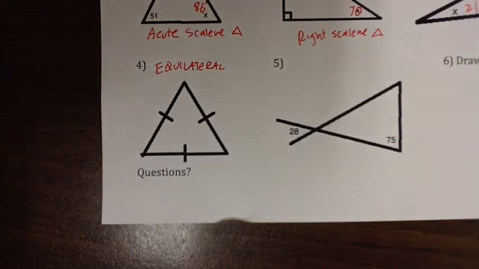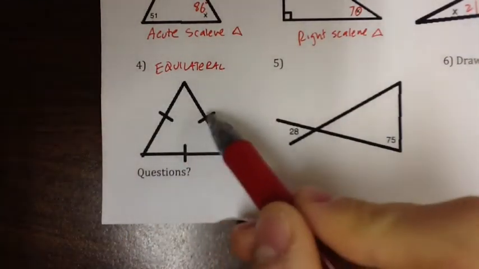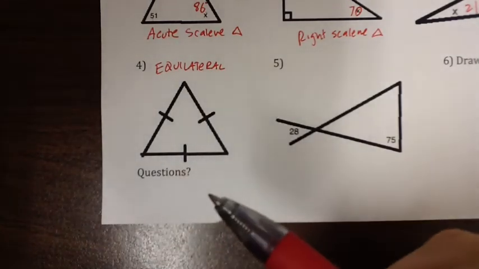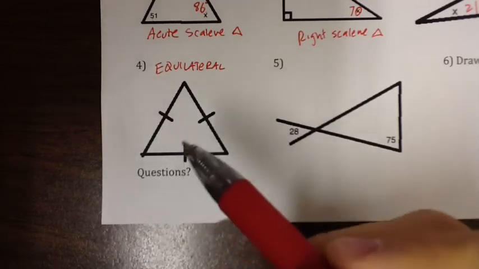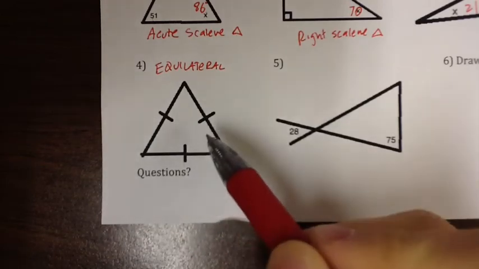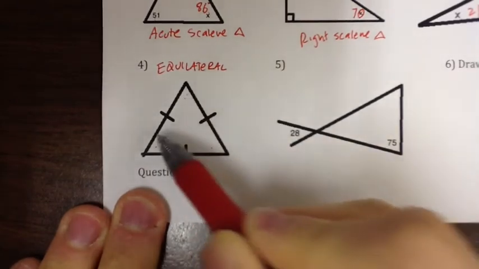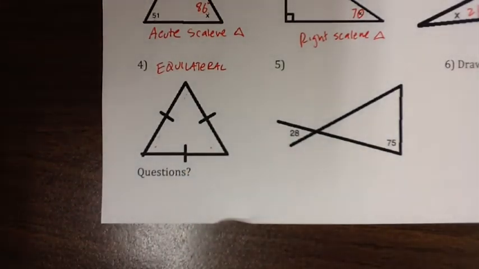The cool thing about equilateral is that every equilateral triangle is the same as every other equilateral triangle, or they're all similar. In that these three angles, we don't know them, but they all have to add up to 180.